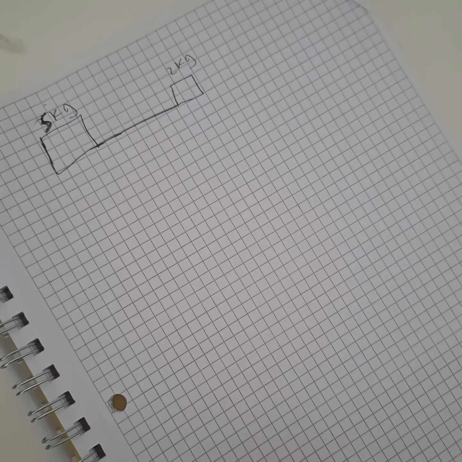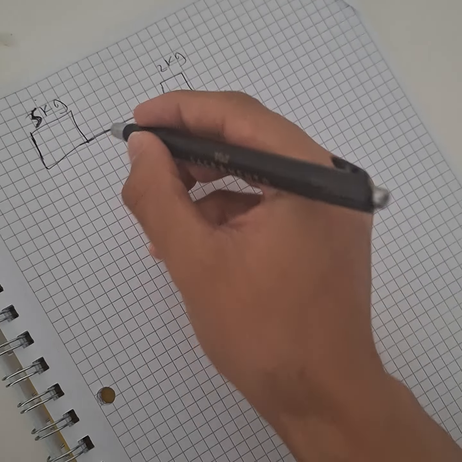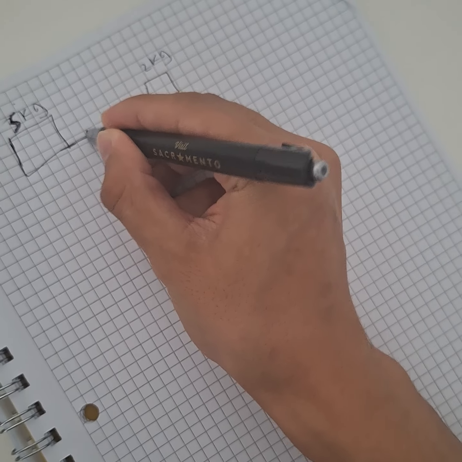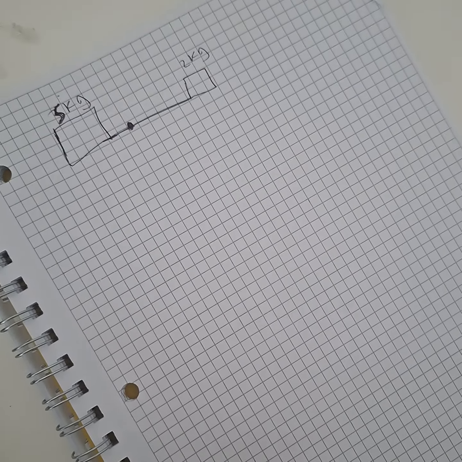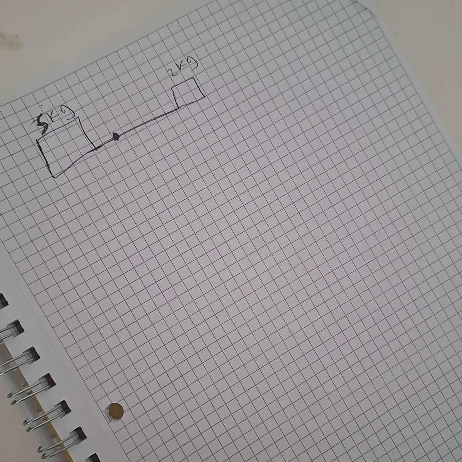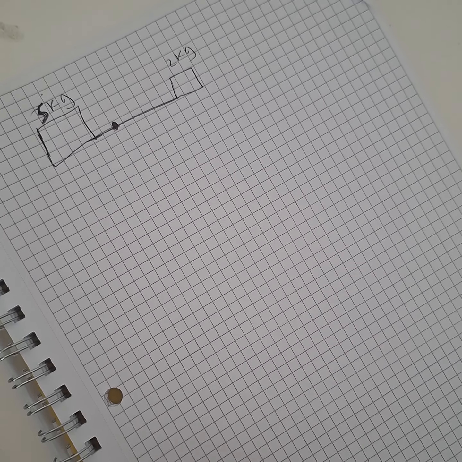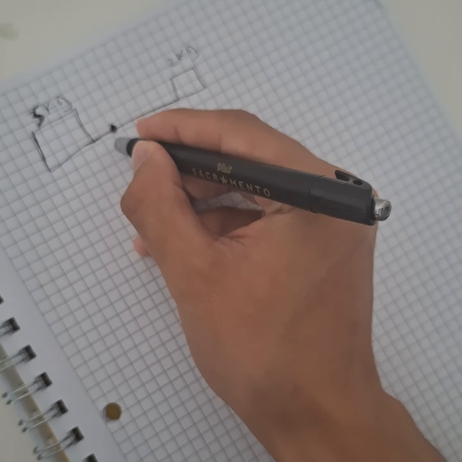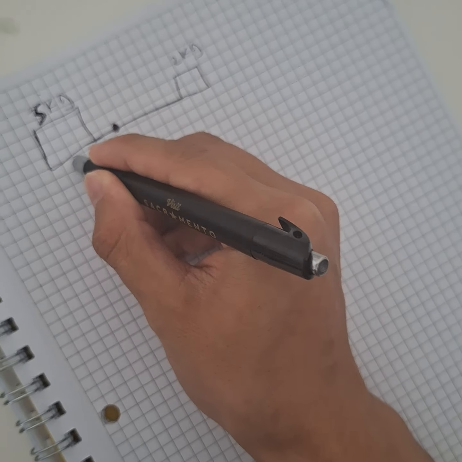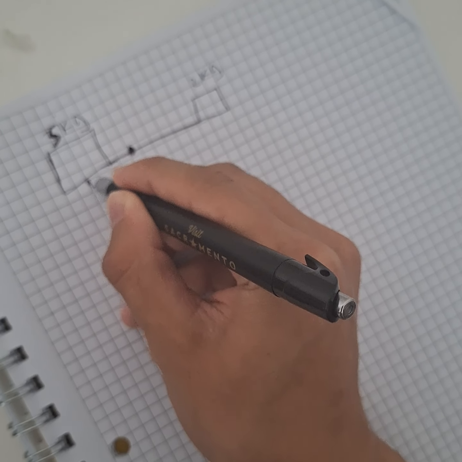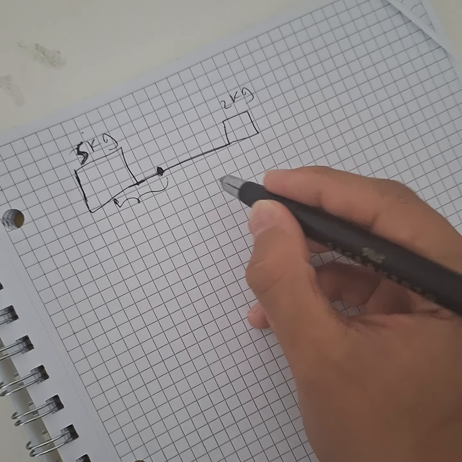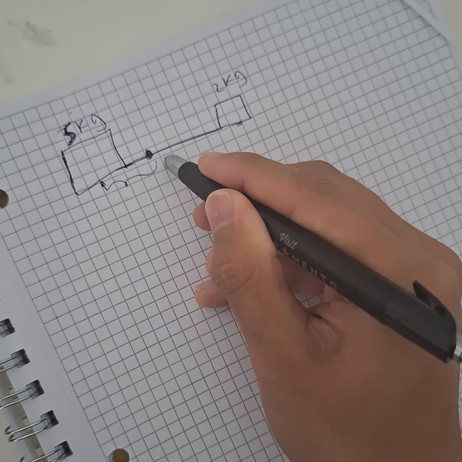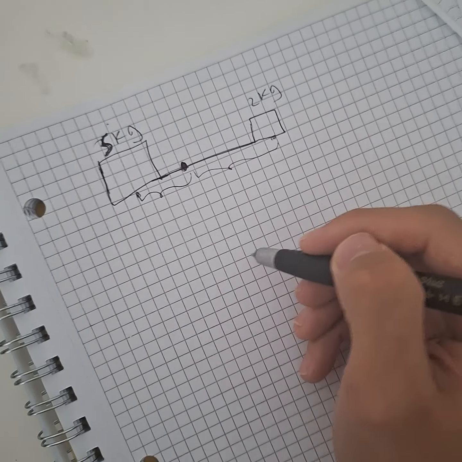Now, I'm gonna put an imaginary point here. This would be the center of mass. And we would have one distance from this mass to the center of mass, and another distance from the second mass to the center of mass.